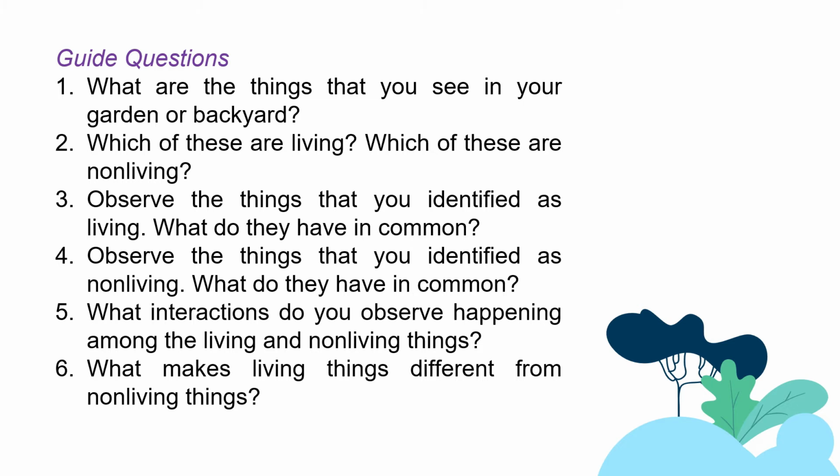What do they have in common? 4. Observe the things that you identified as non-living. What do they have in common? 5. What interactions do you observe happening among the living and non-living things? 6. What makes living things different from non-living things?